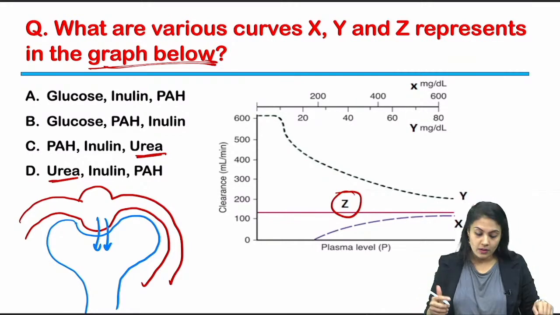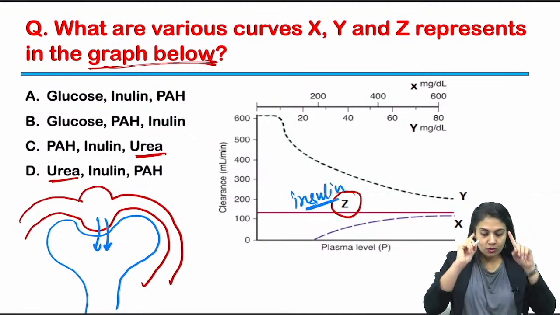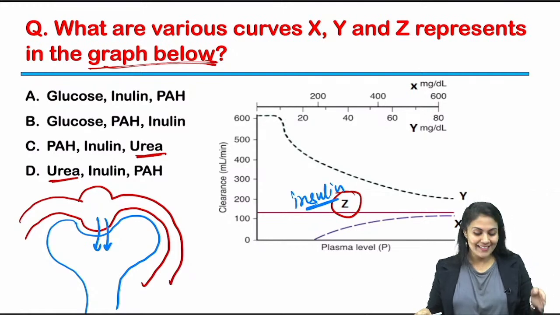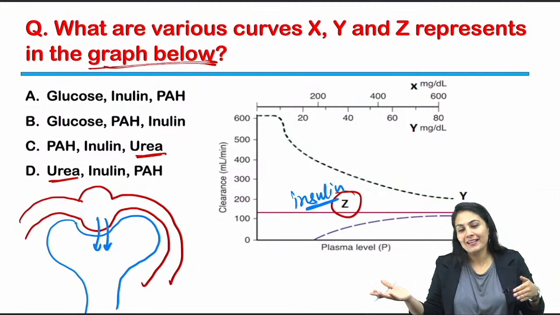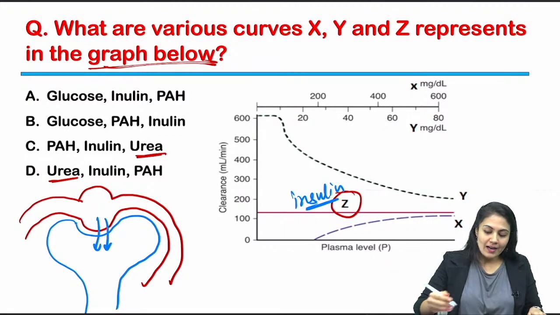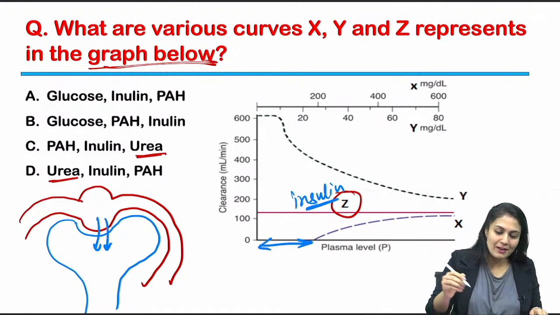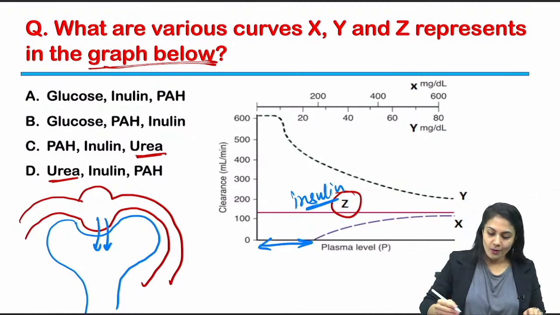So this is inulin, right? It is for sure inulin. Z is inulin. And even if you identify Z, look at the options. Option B is the only one having inulin as Z, right? They are asking respectively, and we are not sure that this is going to be the order of the options.